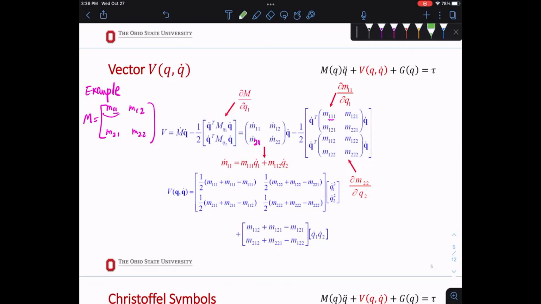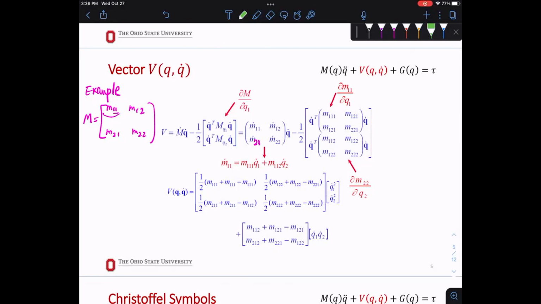This means partial M11 with respect to Q1. This is partial of M12 with respect to Q1 and such. So we haven't done anything, we're just introducing a different notation. Now we ended up here. Calculating this matrix is not important because it's element-wise.